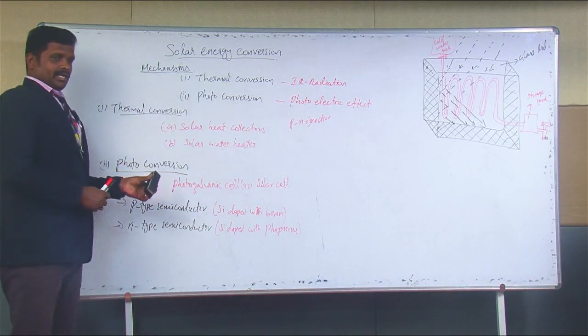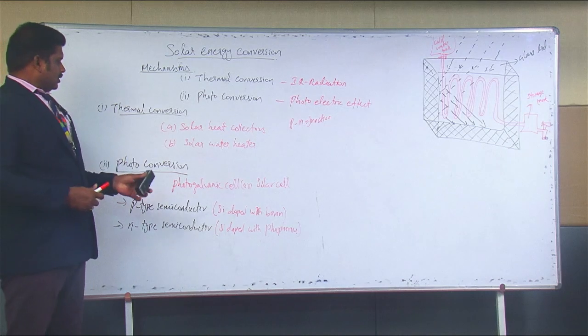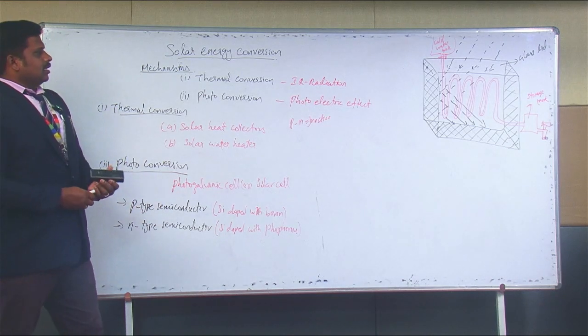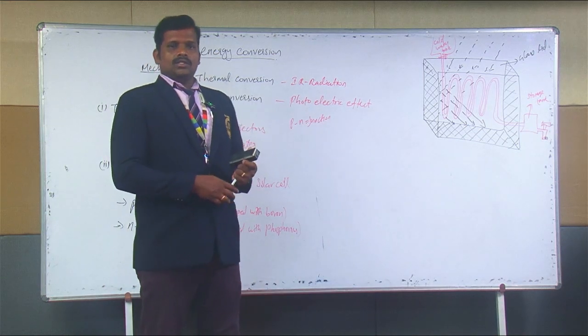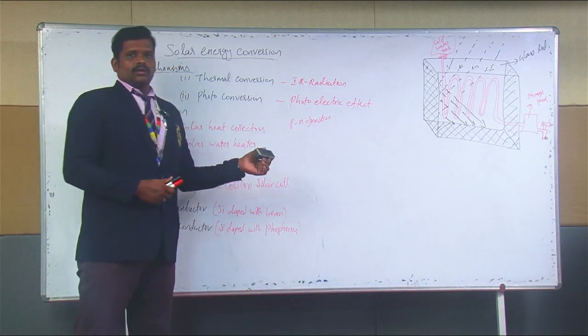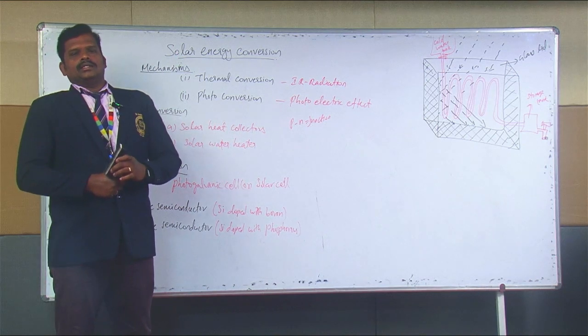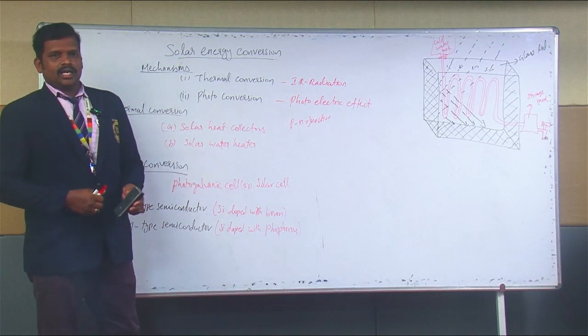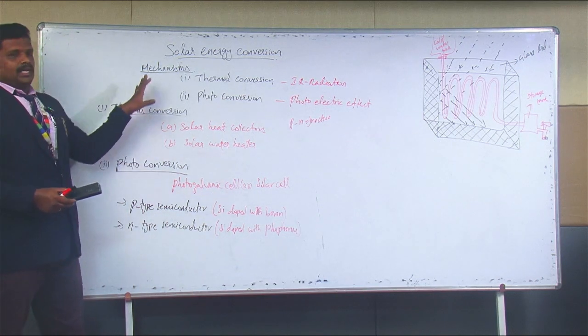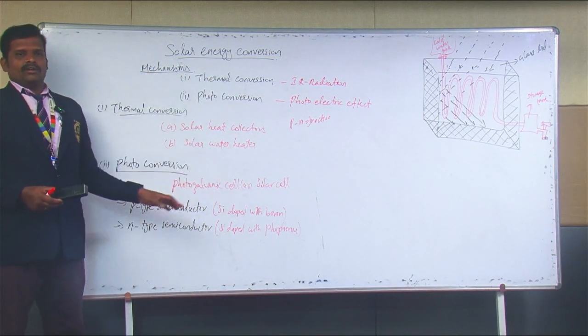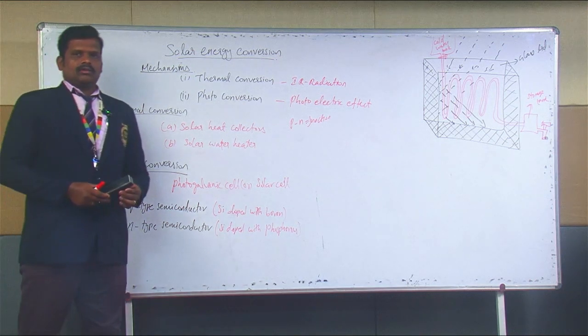We can use the solar energy. Then the maintenance cost of solar energy is very low. Then we can store that solar energy for further utilization. And then it is pollution free, whether noise pollution, air pollution or water pollution. Generally it is a pollution free technique, which also gives a long life. So these are the advantages of solar cells.